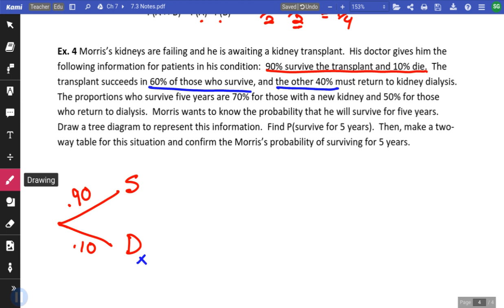We're done on that bottom branch because they're dead. But for the people who survived the transplant surgery, 60% keep going with the new kidney, and 40% go back on dialysis.